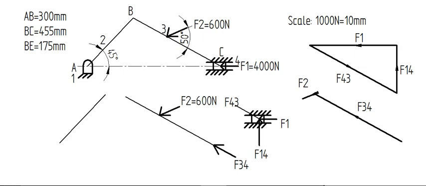Okay, so once you have got F2, the remaining, if you join, you will get nothing but F32, right? So I'll join this by dashed lines. Okay, so this will be nothing but F32.